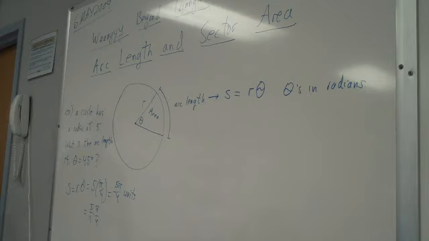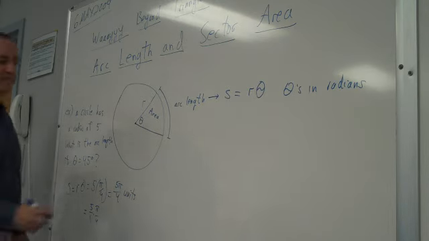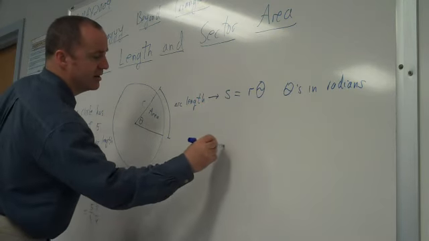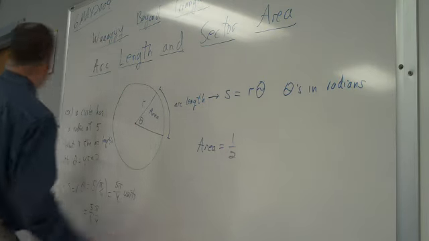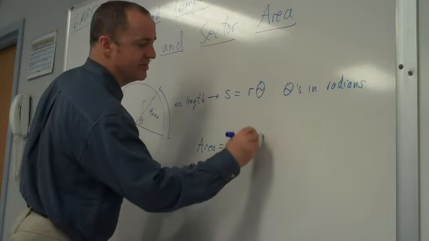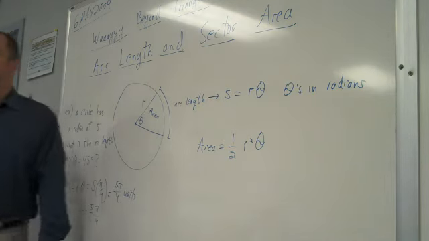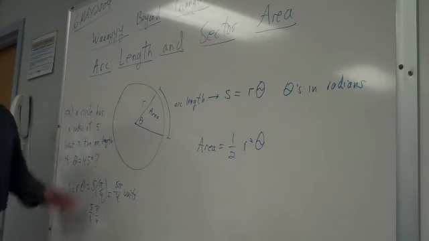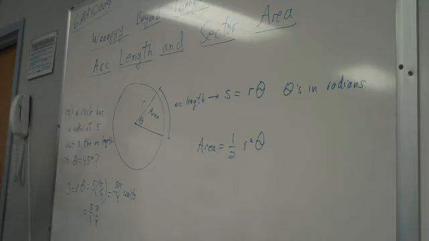Okay, there's a similar area formula. The area simply equals 1/2 r squared times theta. Now, if you did this in geometry, you'd find the area of the whole circle, and then you'd have to set up a proportion to figure out just the area of that one slice.